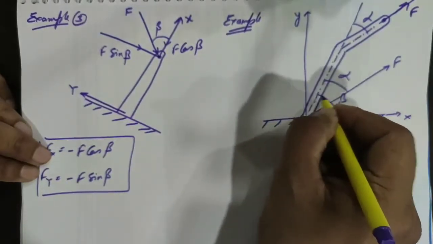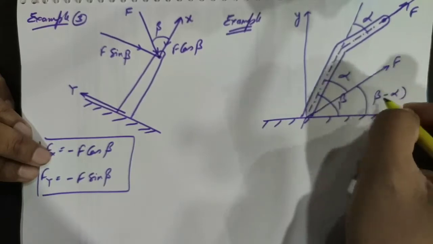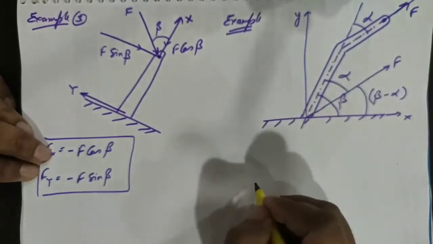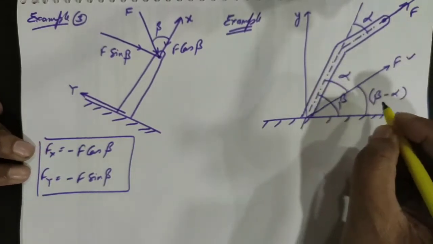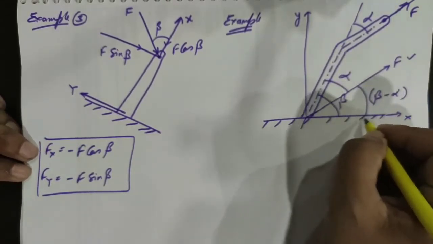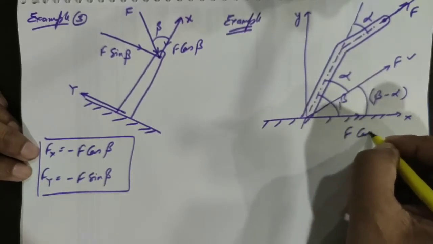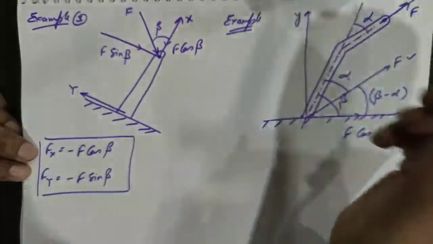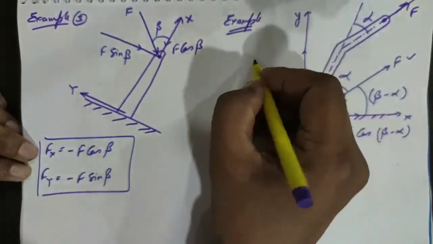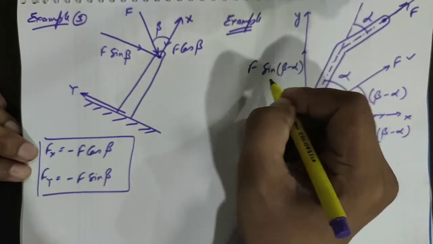If that is beta and this is alpha, the angle will be beta minus alpha. With force F at the angle of beta minus alpha, the component will be F cos beta minus alpha, and the vertical component F sine beta minus alpha.